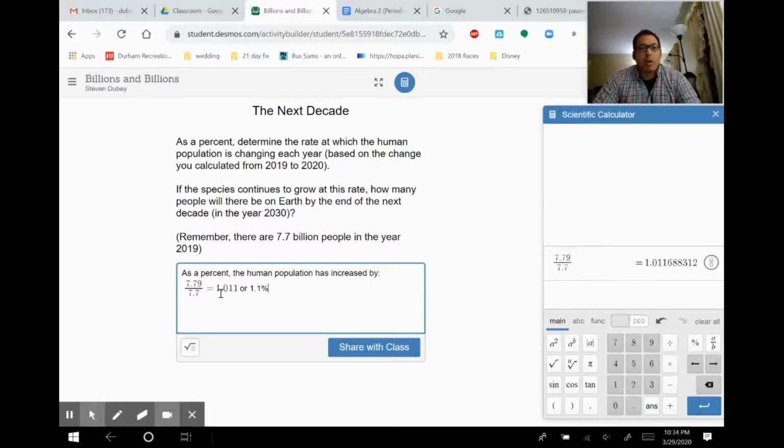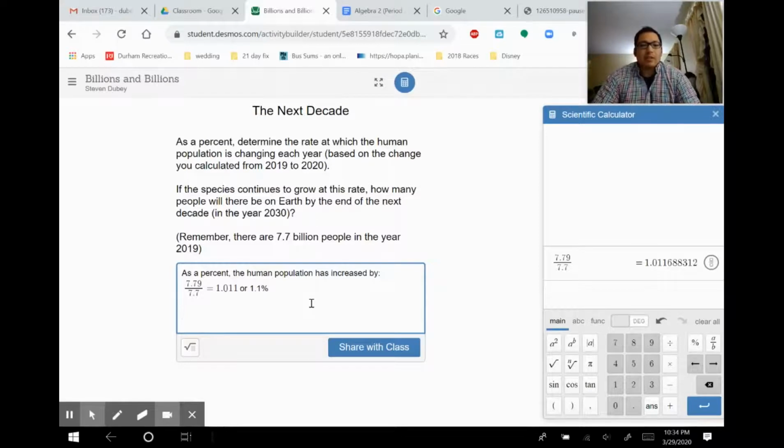If you remember, the 1 in front is kind of ignored. We're looking at this as how much more than the original number it is.